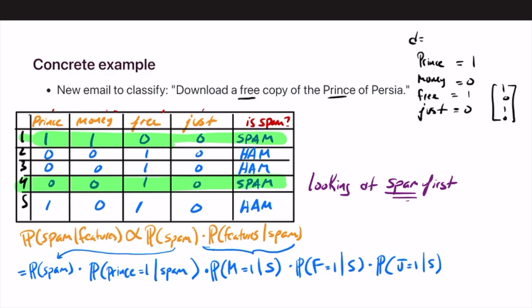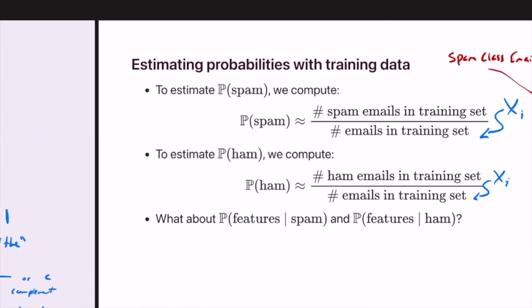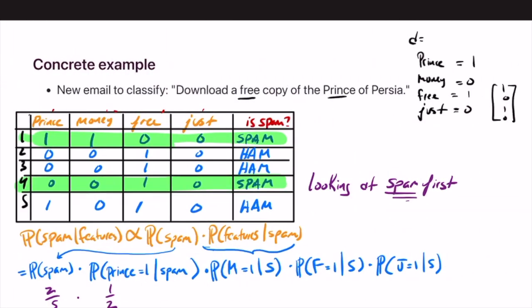So this is just going to be probability of spam is 2/5 times prince. Well, we already saw it was 1/2. That was the half right here. And now let's go through the rest of these.